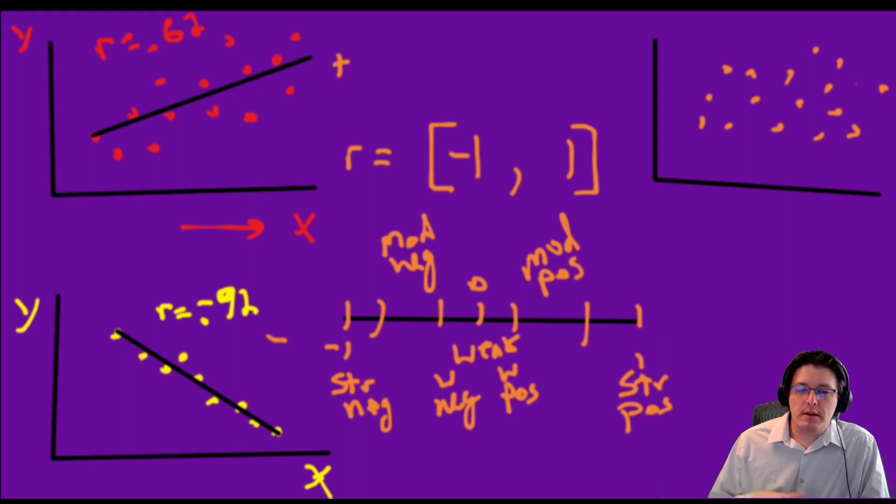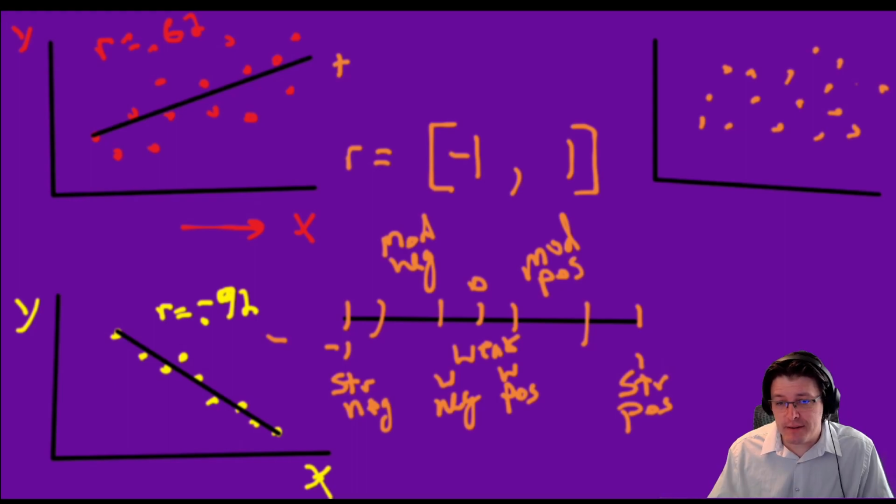Now, there's no defining line. Some texts might give you a rule of thumb, that values between this and that might be moderate, but there's no definitive value where you say 0.61 is moderate and 0.62 is strong. There's no line like that.